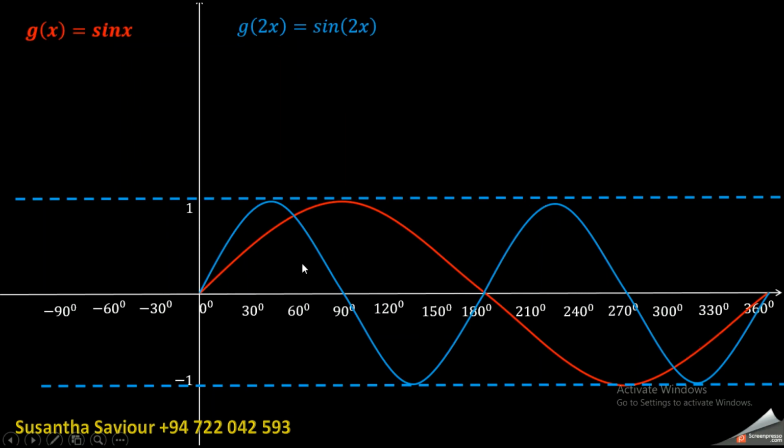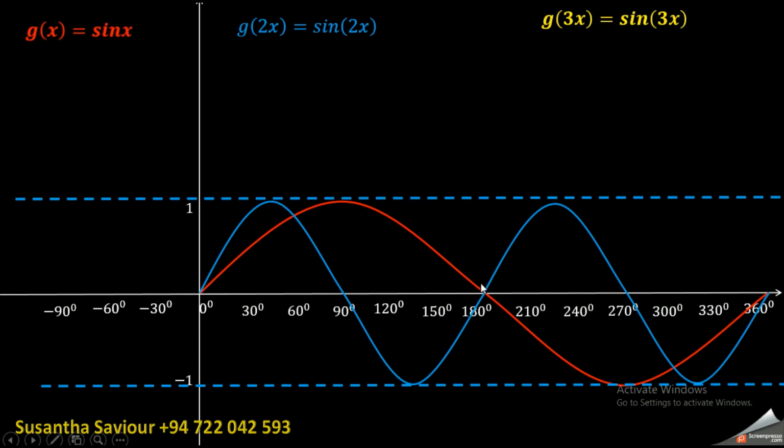We will look at another transformation of this, g(3x). That means sin of 3x. That means this original curve will be repeated 3 times. Here it is 2 times. For this new case it is 3 times, right?